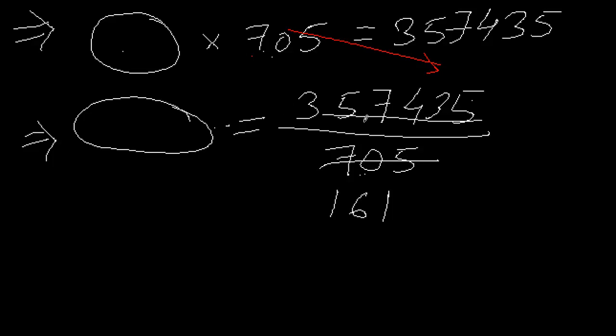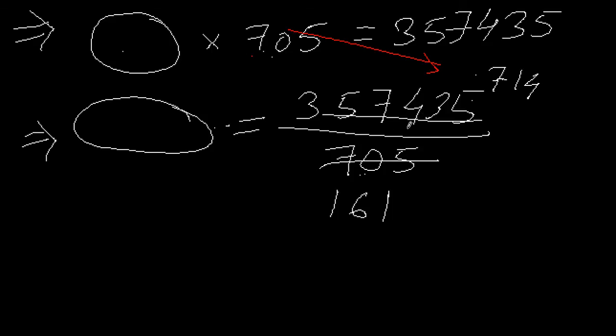If I divide 357435 by 5, 5 7s are 35 first. Then I have 7. So 5 1s are 5. I have 2 as remainder. So 2 4. I get 5 4s are 20.